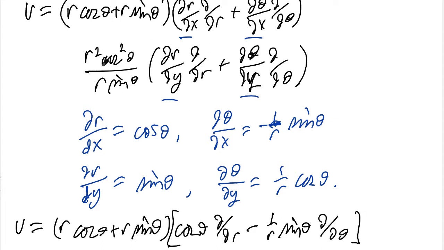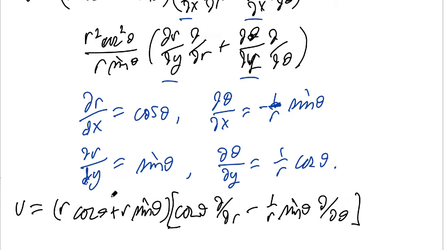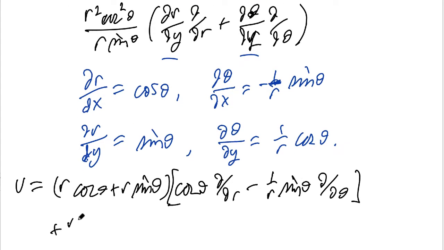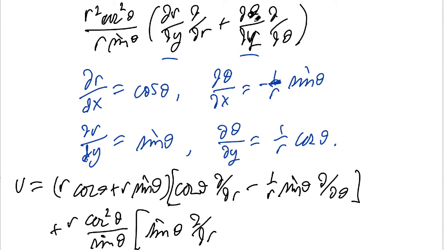And now for this term we have r squared over r, which just gives a single factor of r. So we have r cosine squared theta over sine theta times dr dy, which is sine theta, and d theta dy, which is 1 over r cosine theta.